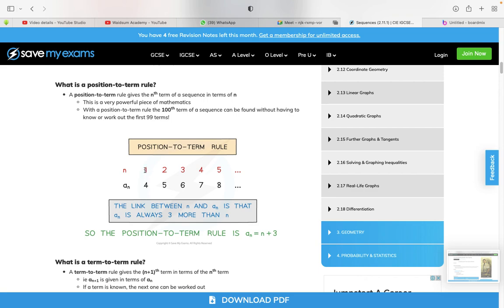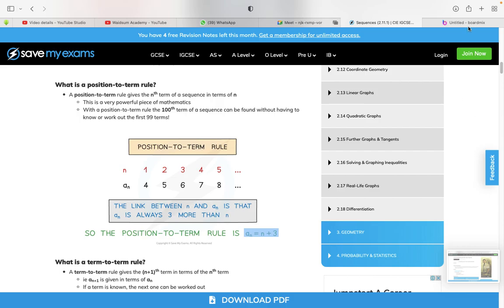This is 3 more than this, because 1 plus 3 will give you 4. 2 plus 3 will give you 5. You look at every question and see. It's called the position to term rule. 4 plus 3 will give you 7, so it's always n plus 3. So the An formula is n plus 3. The position to term rule is An equals n plus 3.